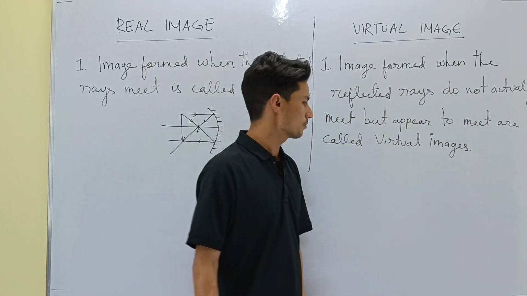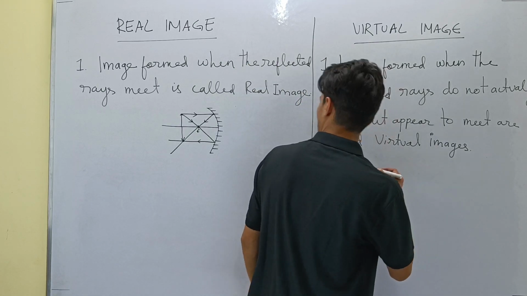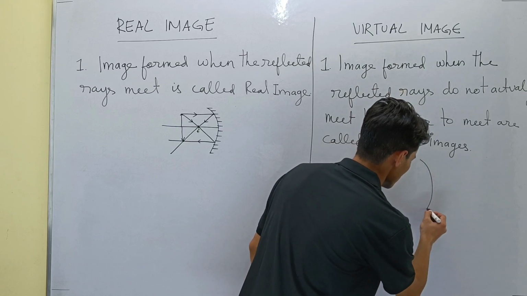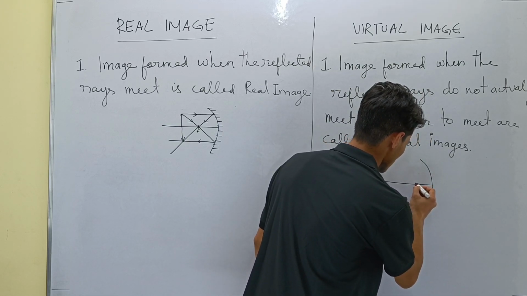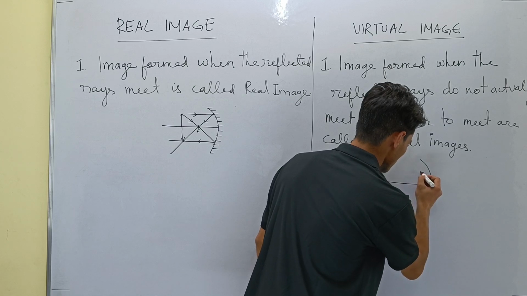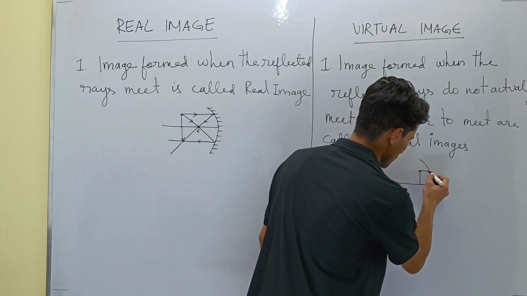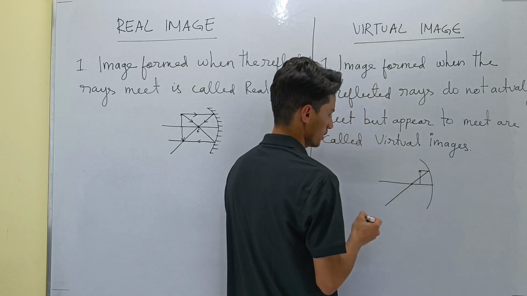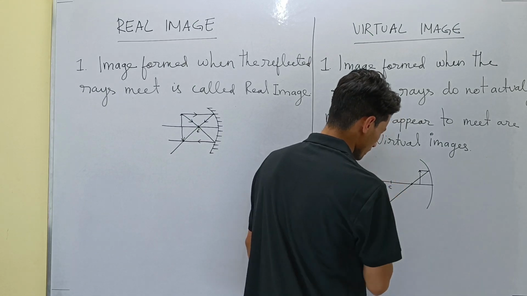For example, here we will use a concave mirror again, and let me keep the object here. Then a ray goes parallel and passes through the focus like this. Let this be the center of curvature.